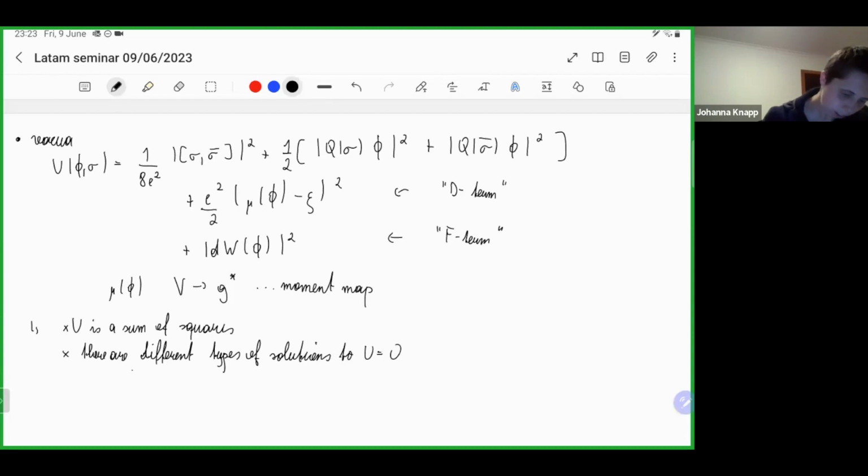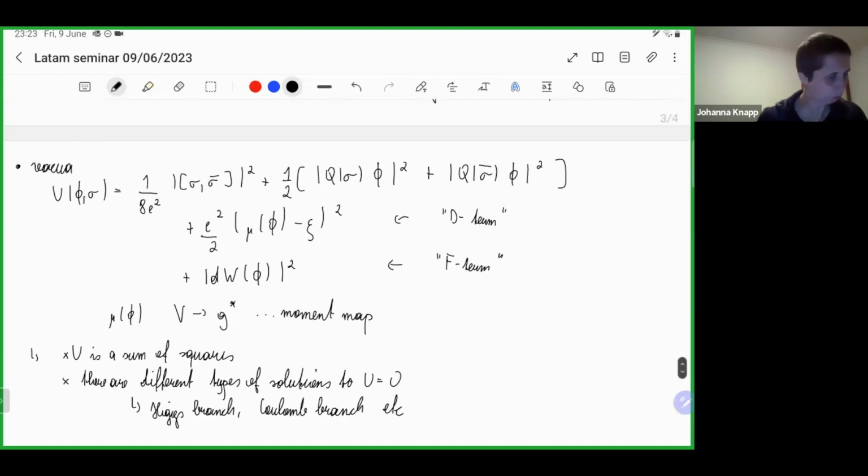And there I just want to do some name dropping, because this is something you read very often in the literature, and they have names like Higgs branch, Coulomb branch, etc. So there is a lot of analysis to be done to just understand the vacuum of this theory.